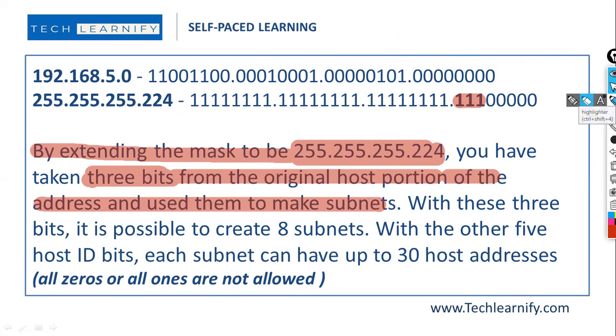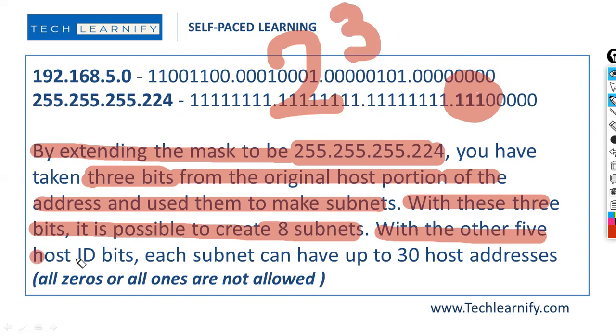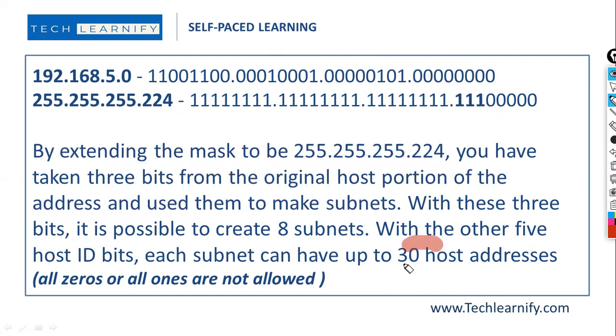Okay, good. And with these 3 bits, it is possible to create 8 subnets. Yes, 3 bits, 8 subnets, 2 raised to the power 3. With the other 5 host ID bits, each subnet can have 30 hosts. I believe you all understand how we computed subnets and hosts.